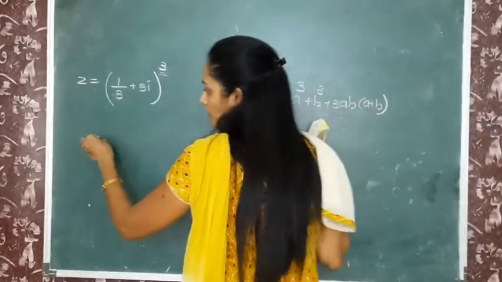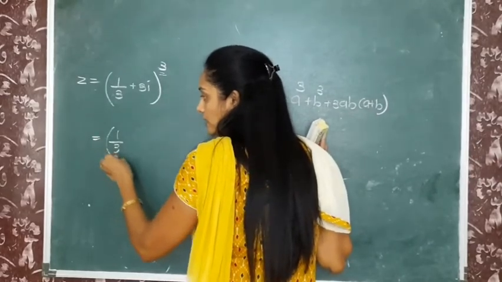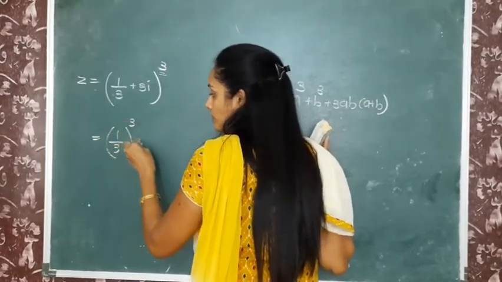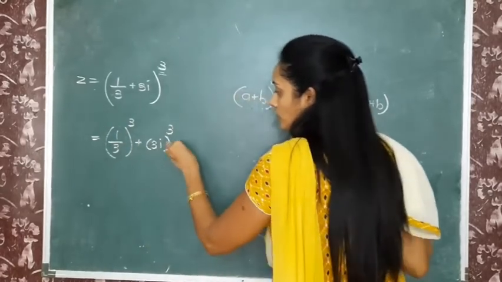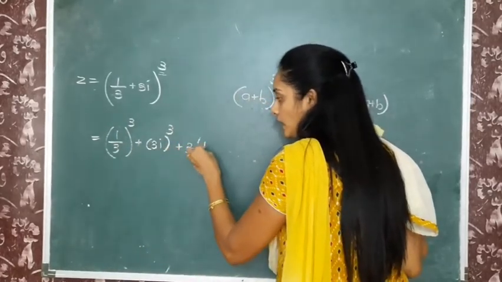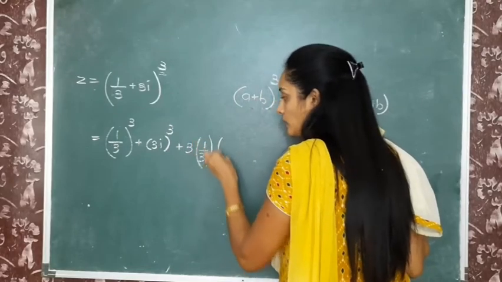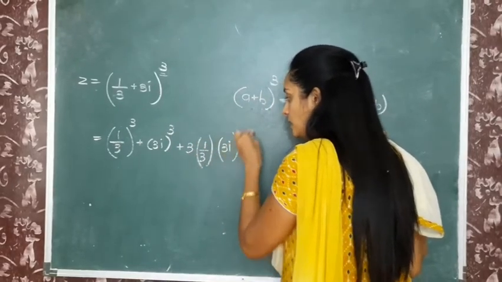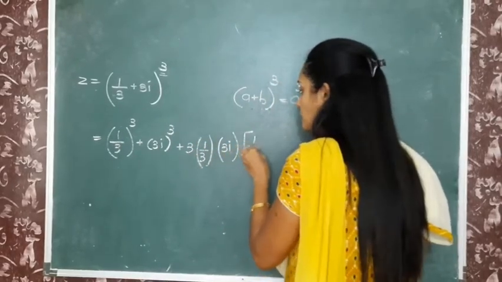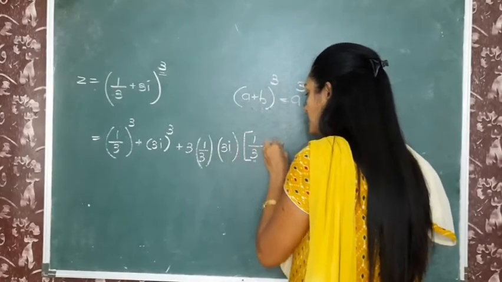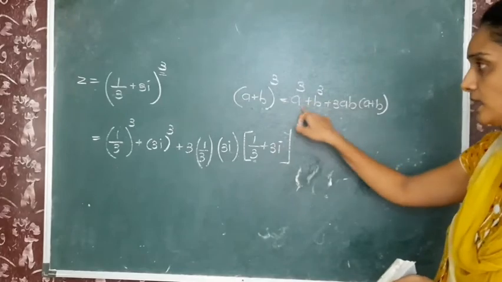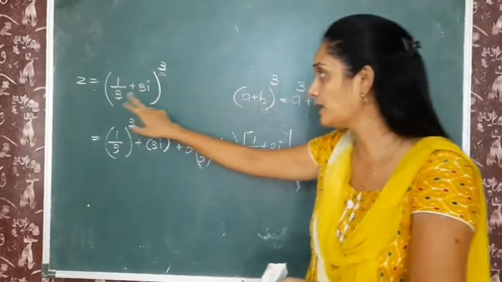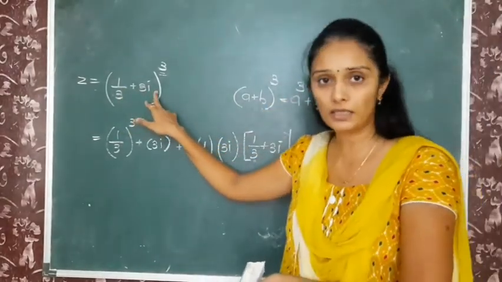So we can write 1 by 3 cube plus 3i cube plus 3a into b. So 3i in the bracket a plus b. So 1 by 3 plus 3i. Okay, I can use this formula. Wherever a appears, replace it by 1 by 3, and wherever b is, there 3i.